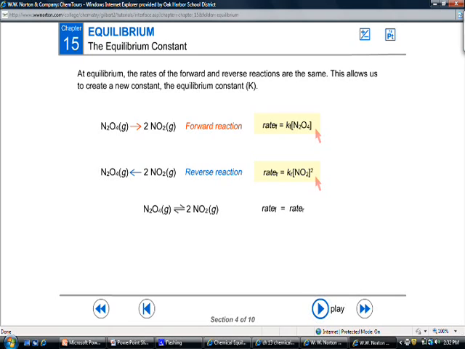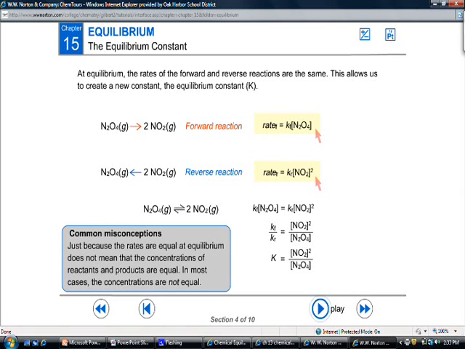This allows us to create a new constant, the equilibrium constant, K. Now, this particular way to think of this mathematical solution works only if we have elementary steps. But we can get this equilibrium expression from any reaction that we're going to look at.